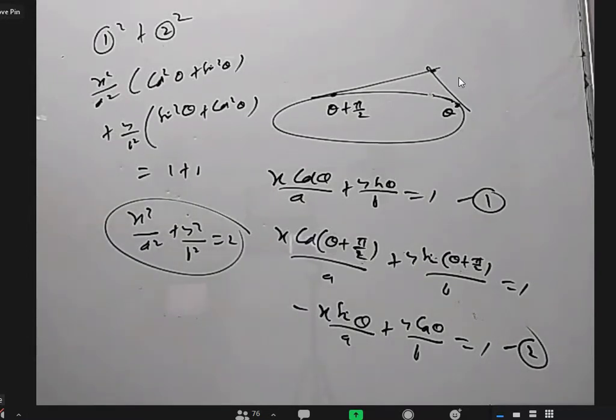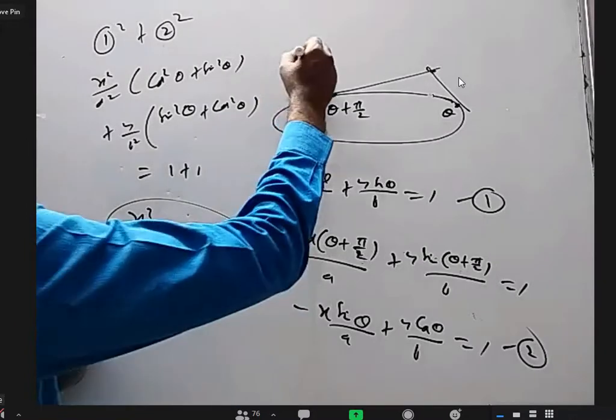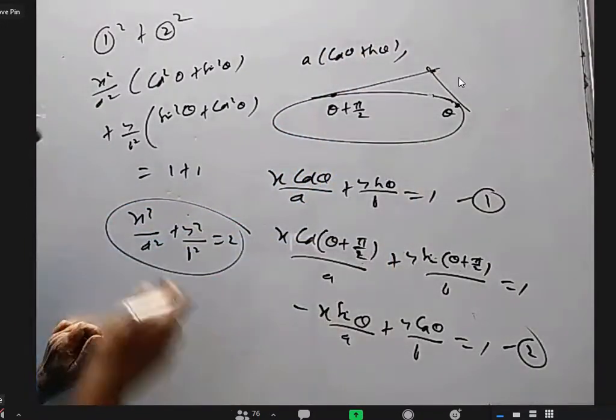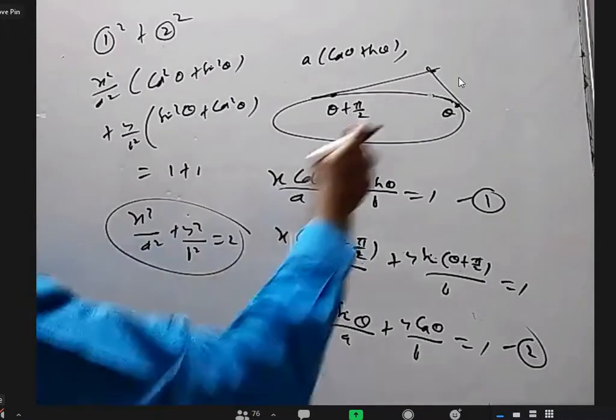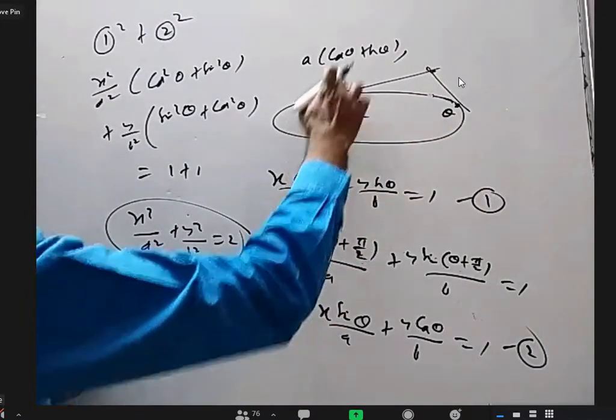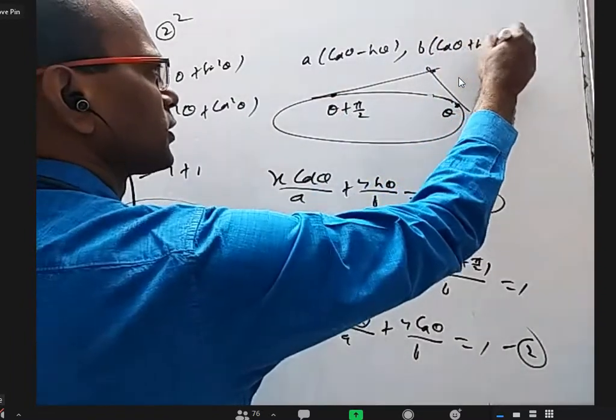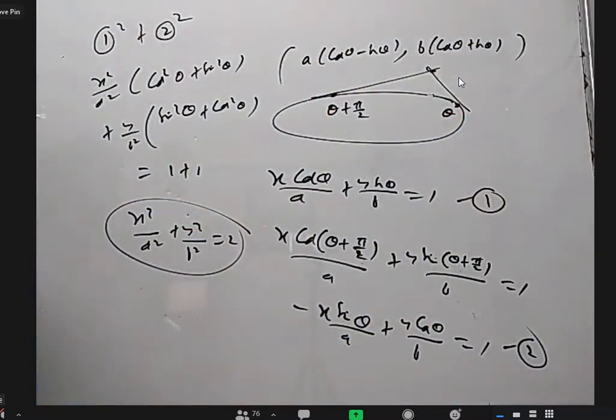Am I right? Wait, this is a cos theta and this is minus. I think a into cos theta minus sin theta, b into cos theta plus sin theta. I think that's what is the point of intersection.